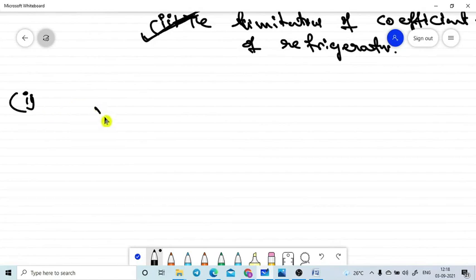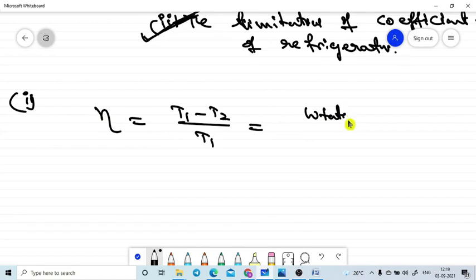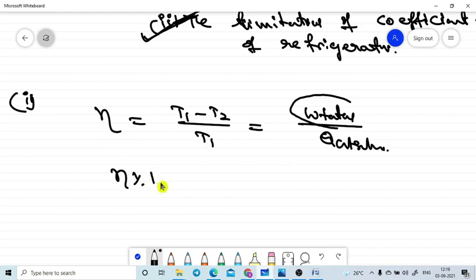So I am taking eta equal to (T1 minus T2) divided by T1, which is nothing but the total work done divided by Q absorption.